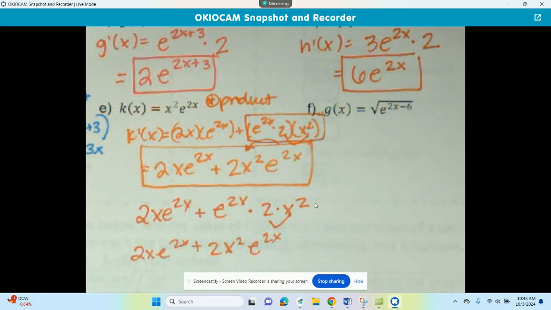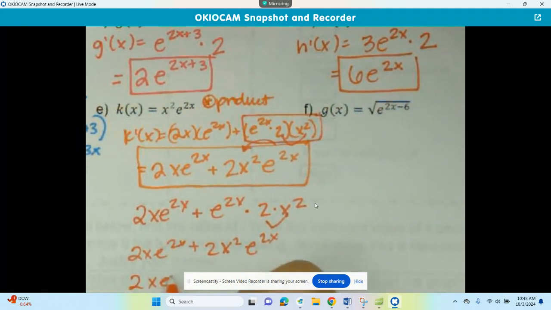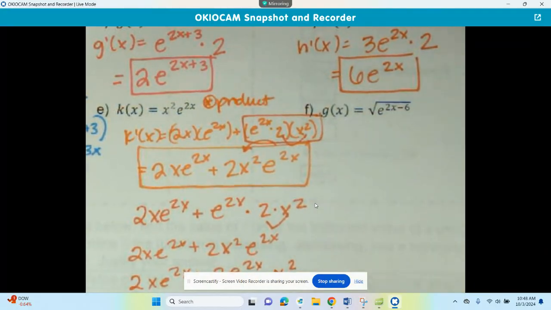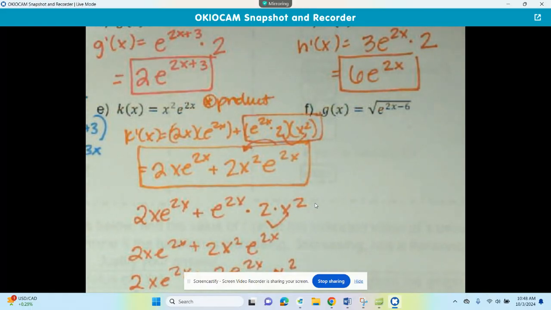Yeah, that's fine, and that's what I'm saying. You could have done 2x e to the 2x plus 2e to the 2x times x squared. You don't even have to have that dot there. It ultimately doesn't change any of your powers. Your powers will all be the same because your bases aren't the same.